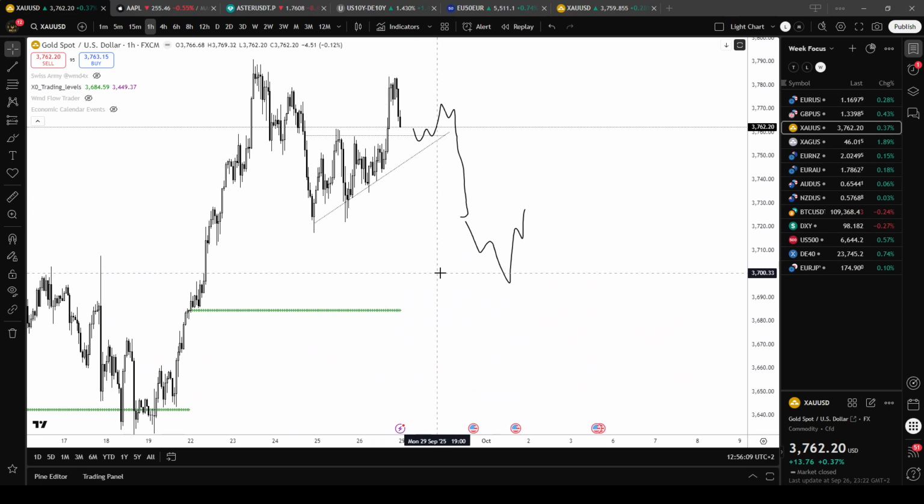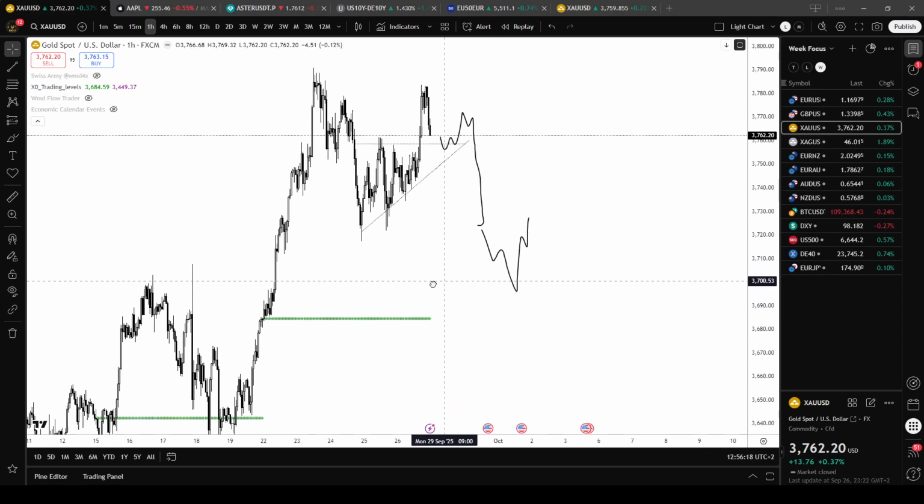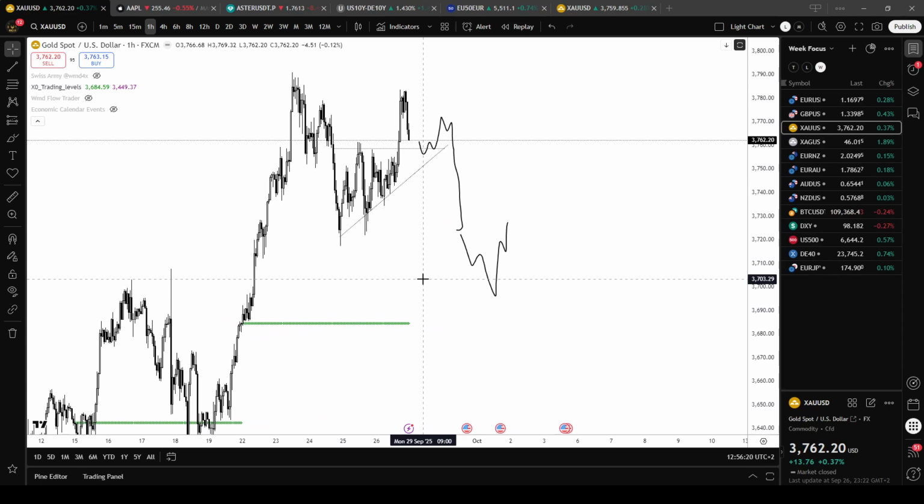Now, I do think that if price came into this low area, it would probably be the low of the month, so you really wanna get long on this market.